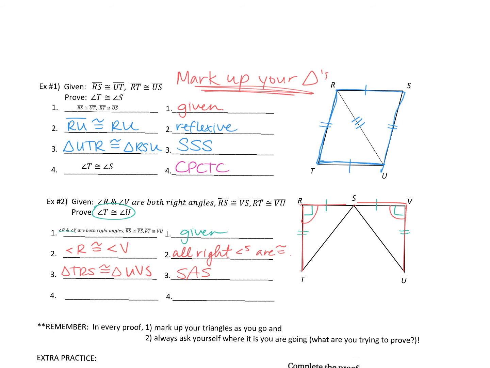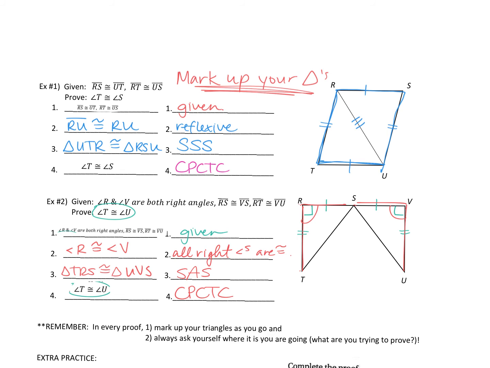Okay, so we've proved the triangles are congruent, and now you're to your last step. How do you know that those 2 angles, T and U, are congruent? CPCTC. If the triangles are congruent, then everything about the triangles has to be congruent, including those two angles.